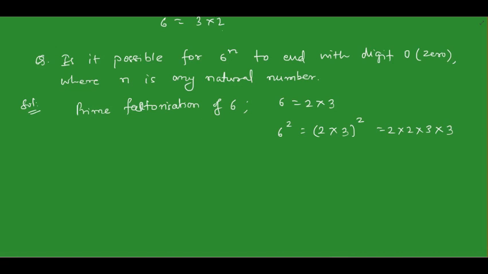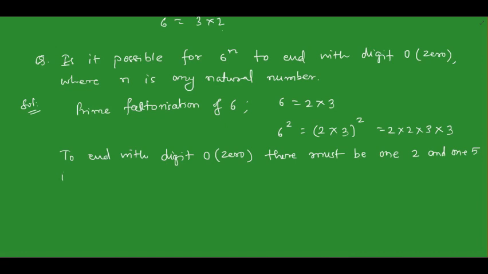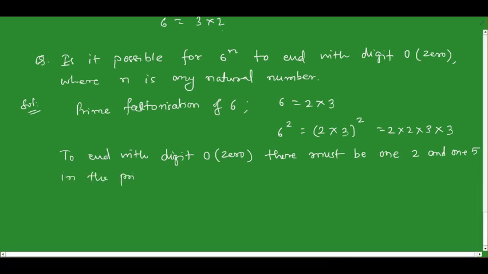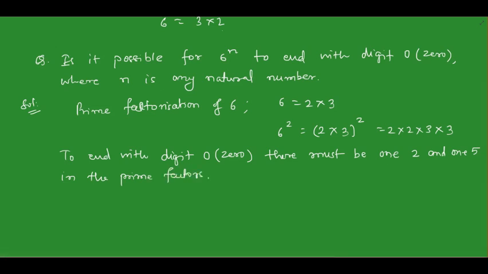नाउ अब यहाँ पे आप देखोगे ध्यान से, to end with digit 0, कि 0 लास्ट पे मीन्स वंस प्लेस पे 0 मिले, there must be 1 2 and 1 5 in the prime factors. ठीक है, प्राइम फैक्टर्स में कम से कम एक 2 और एक 5 का होना मस्ट है.